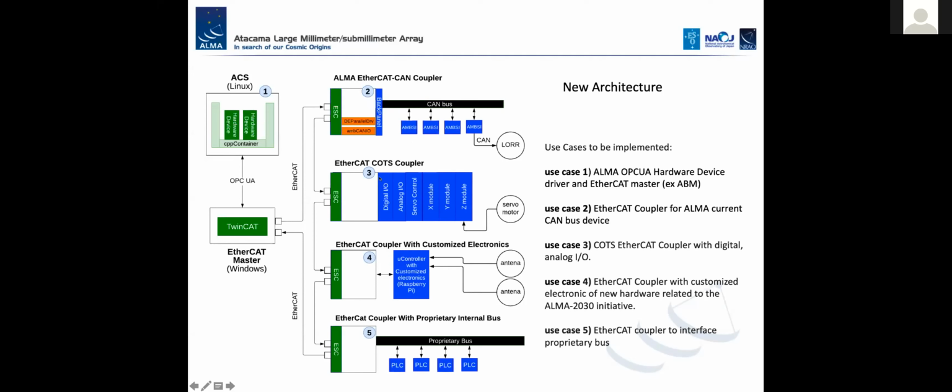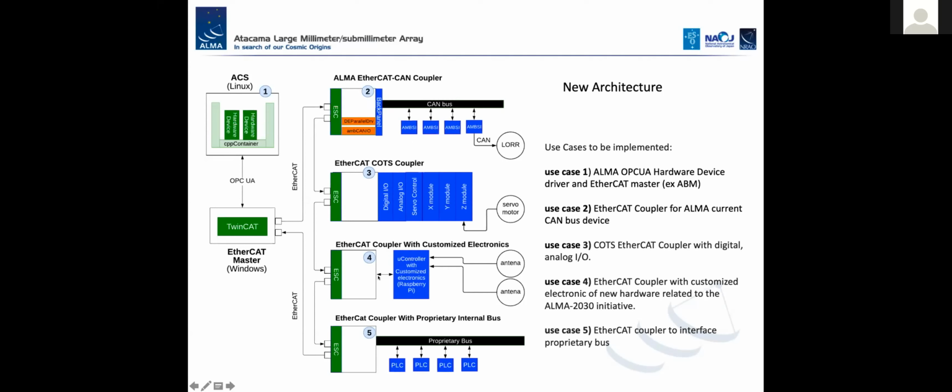Since we are improving antenna recovery due to bad weather, we are adding a lot of commercial off-the-shelf digital I/O, analog I/O, and other modules, which can use native EtherCAT protocol with an EtherCAT coupler. This is scenario 3.